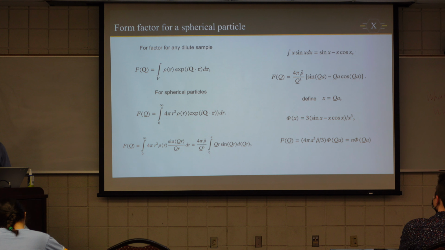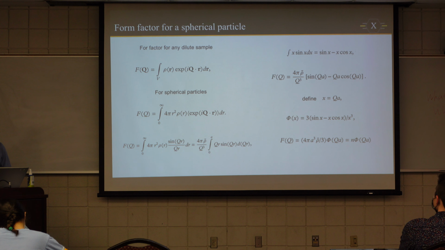We're going to begin by going a little deeper into the spherical particle. How do we deal with a spherical particle in terms of its form factor? This is a universal equation, but it requires that our solution is very dilute.